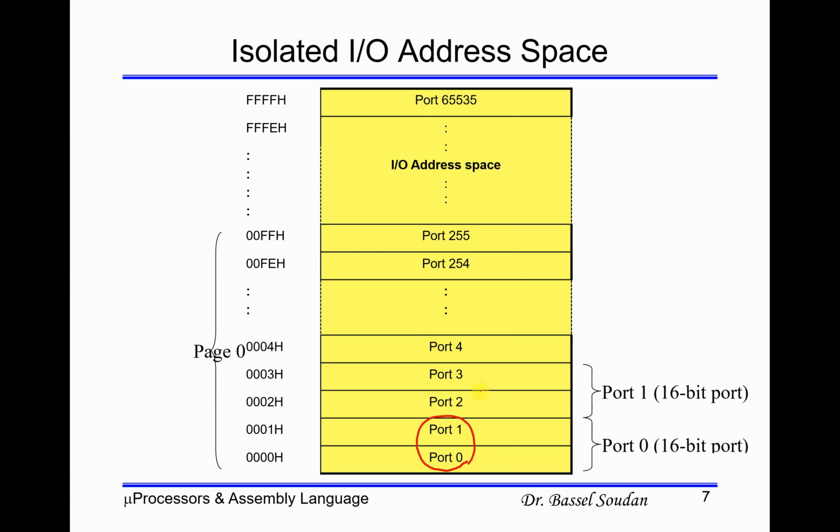So I can store the port addresses in some memory in order to access the different addresses. The total size of this definitely goes from 0000 till FFFF. This is the address space for the isolated input output type.